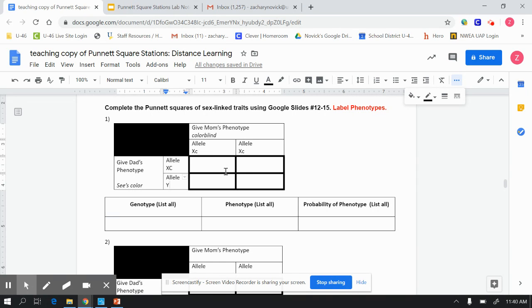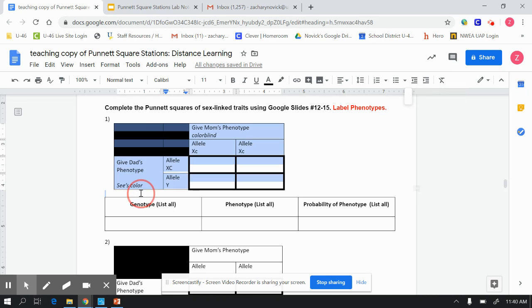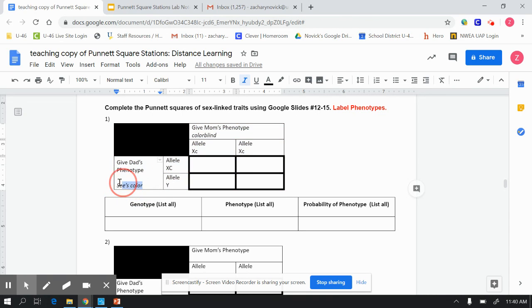On this sex-based chromosome, Y doesn't ever get the allele of this phenotype. We're only indicating the sex of the parent here, XY, and then on the X chromosome, the genotype of the phenotype we're talking about.